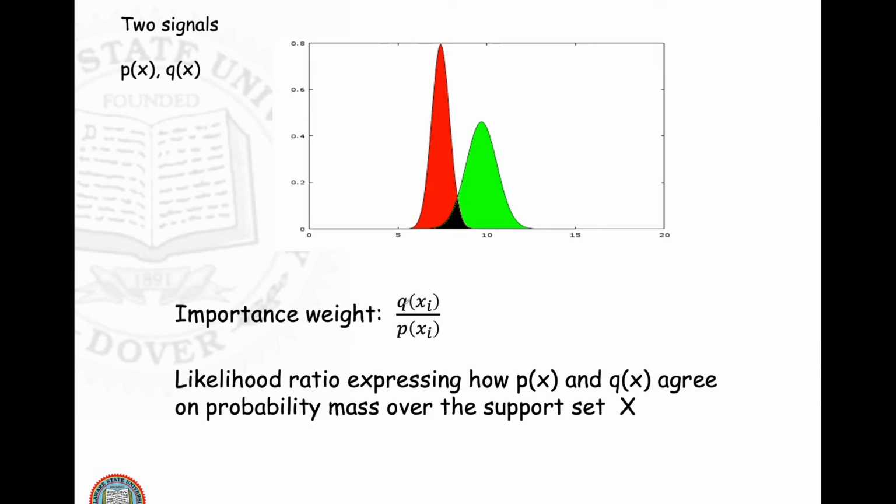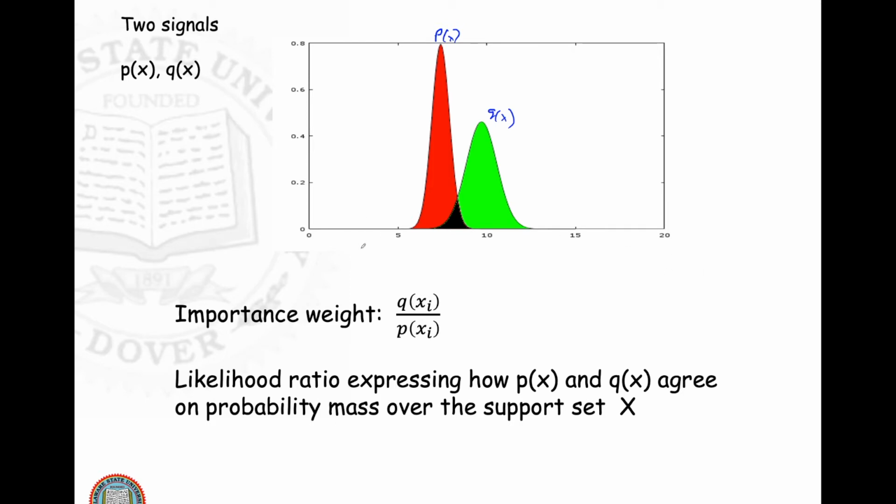Given these two probabilities, let's suppose this red curve is our P of x, and this green curve is our Q of x. With this ratio, the importance weight as it's called, we're looking at the likelihood ratio expressing how P of x for one signal and Q of x for the other signal agree on the probability mass over the support set x, defining all the different variable outcomes.